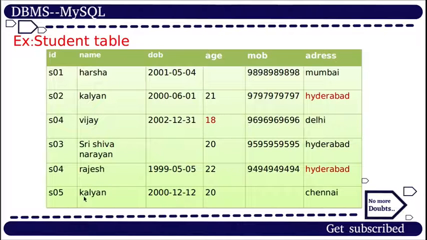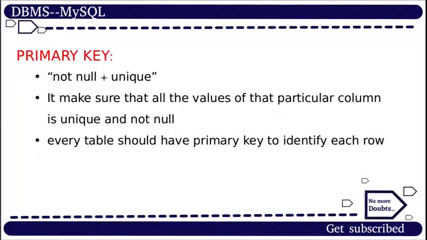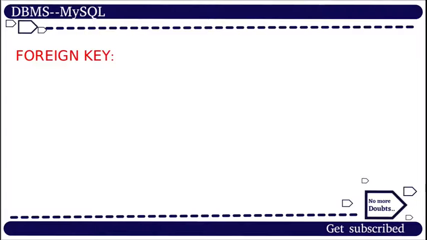If you want the number of Kalyan, instead of asking for the number of Kalyan, if you go with the primary key, we ask for the number of student ID 5, and then the retrieval will be good. It just gives the number of this particular Kalyan of student ID 5. Similarly, you can ask for anything. You can ask for the address of student ID 3, and you will understand this with the examples in the later tutorials. And next, we will see what a foreign key is.